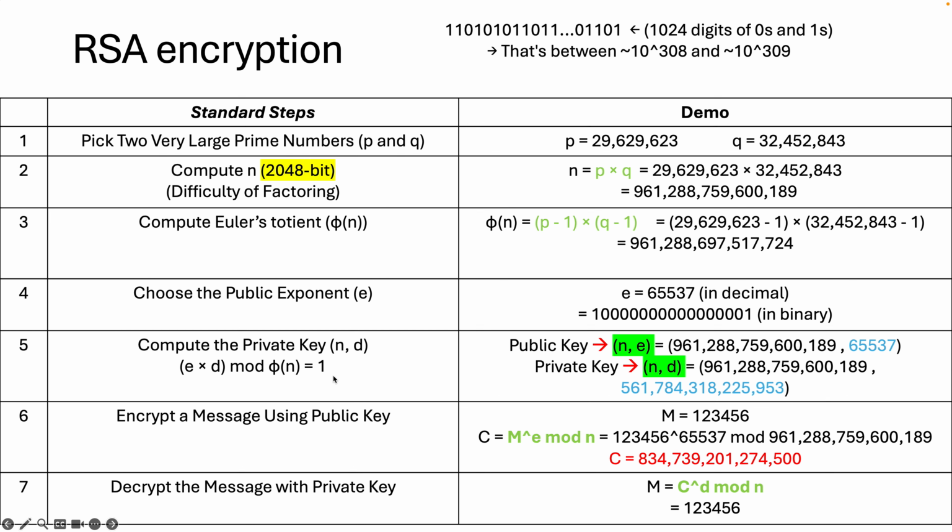Step 5. Compute the private key. We're looking for D here, and the relationship between D, E, and phi of n satisfies this equation, which is multiply E by D, then divide by phi of n, and the remainder must be 1. I'm sure you have noticed, if we try to get D satisfying this equation, there will be many.